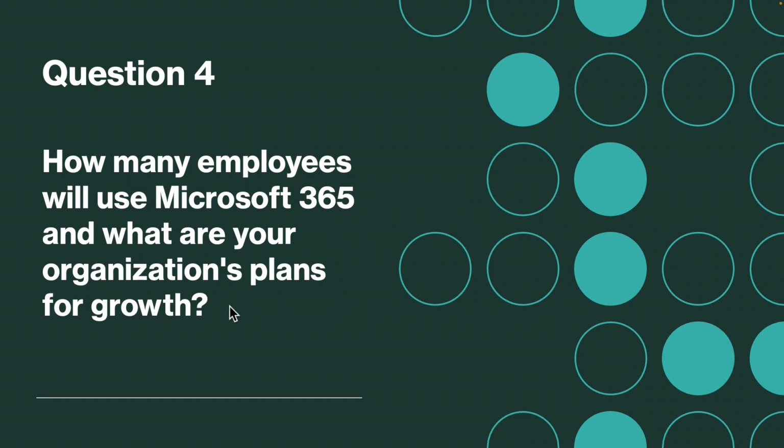Another important question every organization has to go through is how many employees will use Microsoft 365 and what are your organization's plans for growth? Some of the Microsoft 365 subscriptions are limited in the number of users and types of functionalities permitted. As such, organizations must match the requirements for Microsoft 365 functionalities with the number of users.